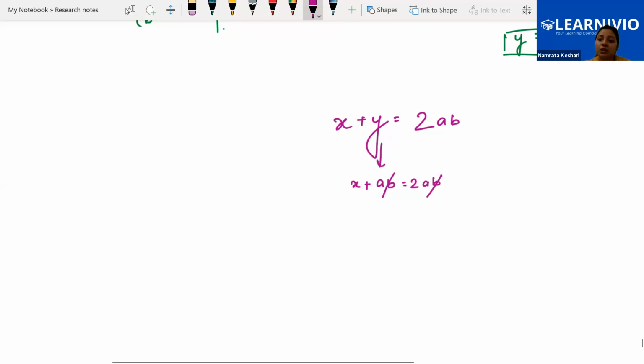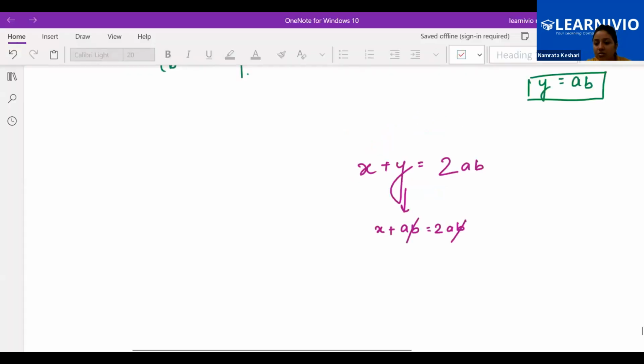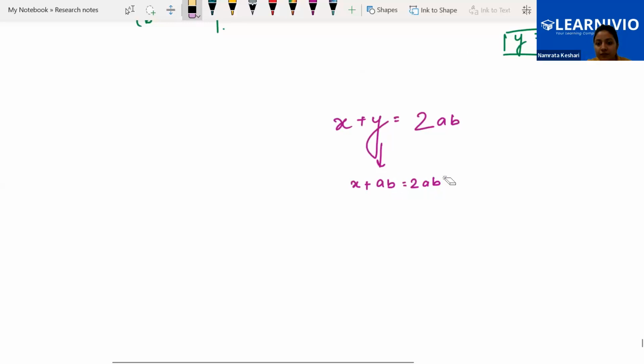Exactly. You both are getting it. Ziana and Harshit are saying the same thing, that we need to transpose it to the other side. We cannot cancel it like this. Will it give 2 to us?